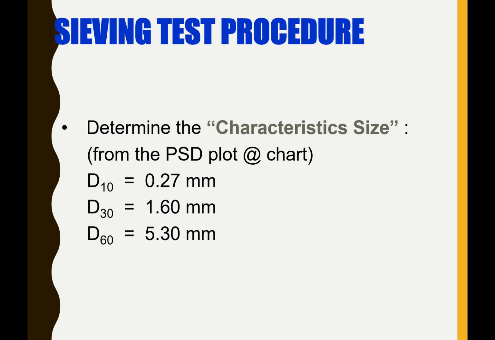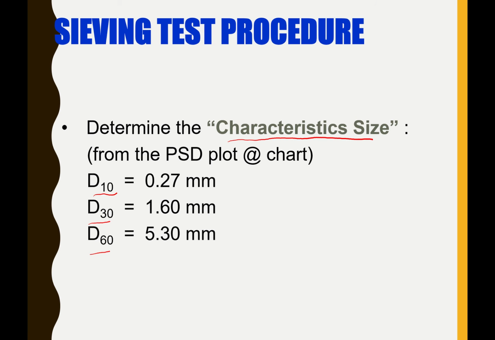For characteristic size, what you need to have are these three sizes of soil: D10, D30, and D60. At 10% of the soil, what is the diameter of the soil particle?